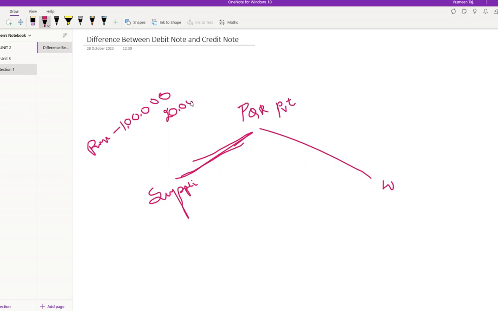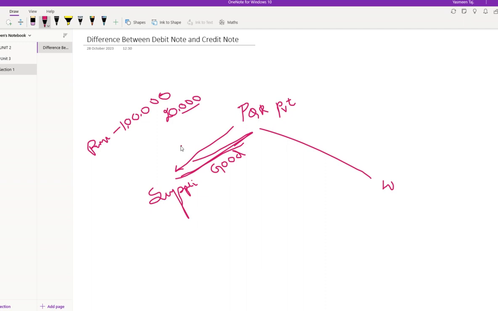As per your expectation, the quality which should be there is not met. So you may feel that these goods should be returned to the supplier. The purchases which you have made, you are now returning those goods to the supplier.